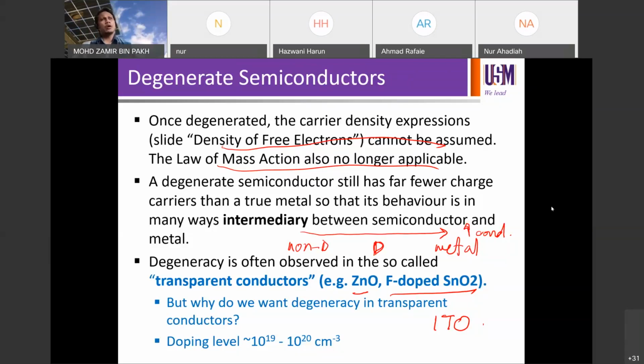So if you want to integrate your conductors for certain applications, let me give you an example. If you want to integrate your device on Windows, for example, in order to be solar windows, if you like, would you like your windows to be opaque and shiny?